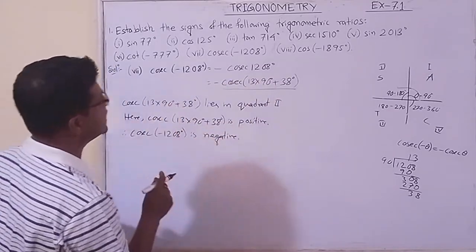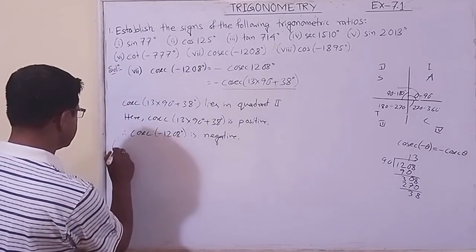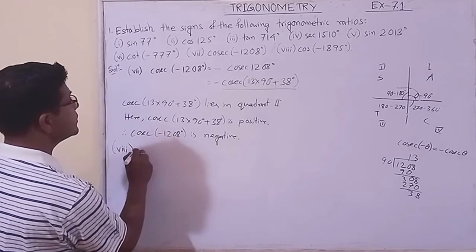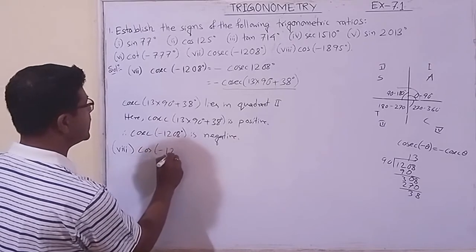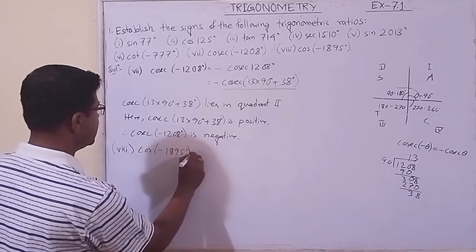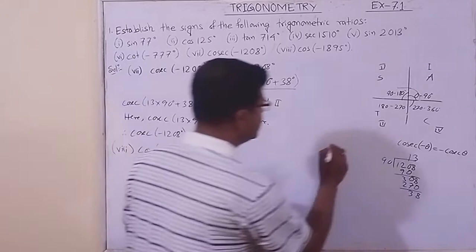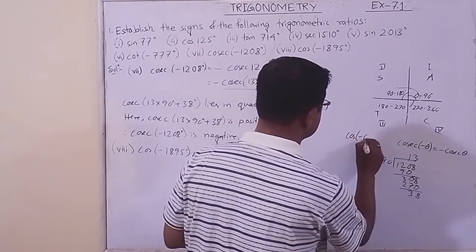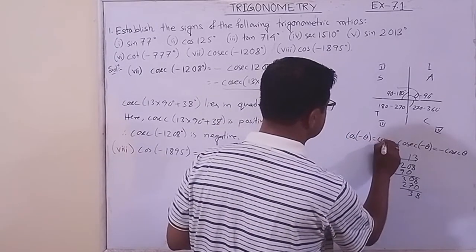Now the last one, only one is left, number 8. Cos of minus 1895 degree. What we know? Cos of minus theta is cos theta.